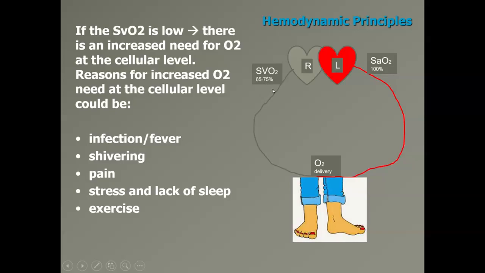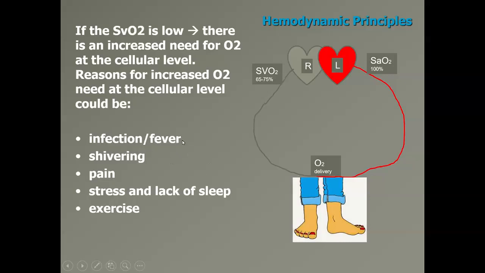Well, what happens if the value is far lower? If it's 50% or 40%, what does that mean? It means that a lot more oxygen has been delivered to the cells. So what could be happening at the cellular level where the cells would demand more O2? The causes for increased oxygen demand or extraction from the oxygenated blood are if a patient has an infection or a fever.